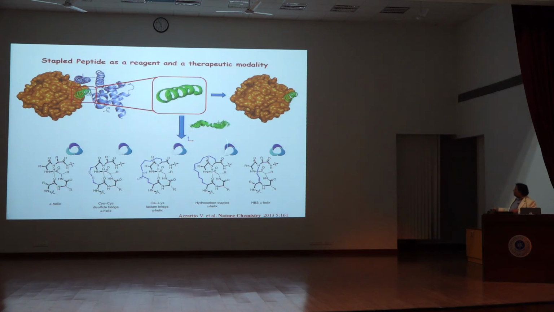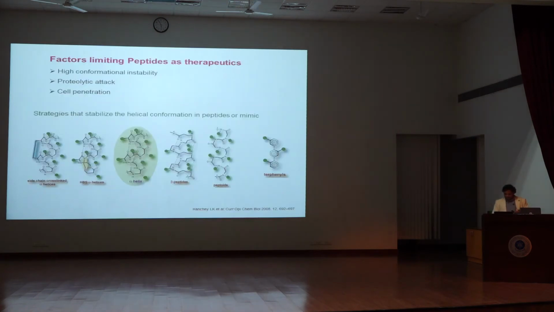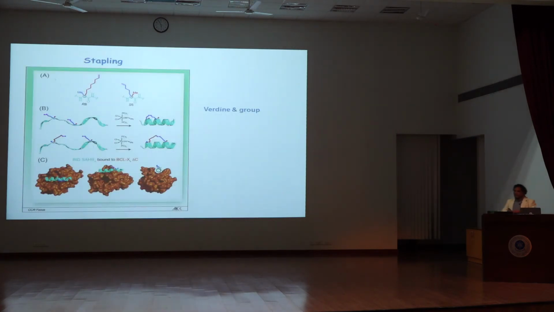One of those methods that has been developed over the last few years is a technique called stapling, that some of you may be familiar with, and I'll tell you what it is in a second. Stapling is a technique where you do the following. You would like this helix to remain as a helix when it binds to this.